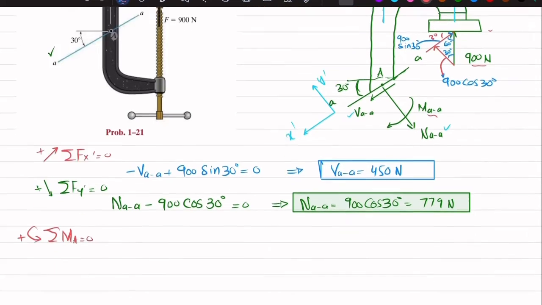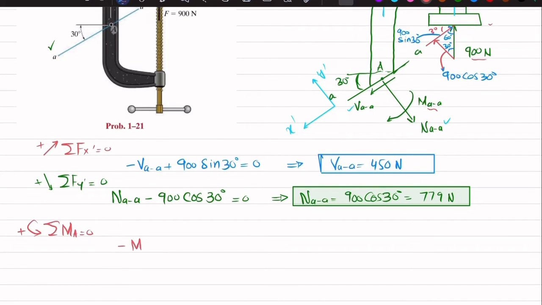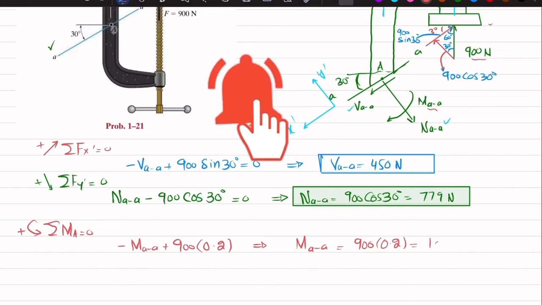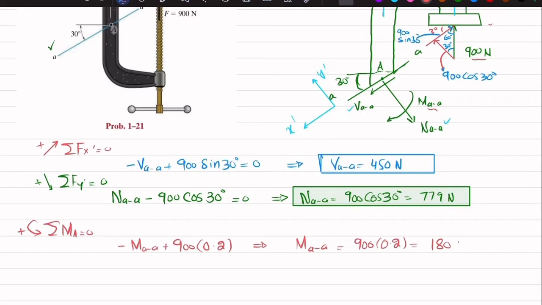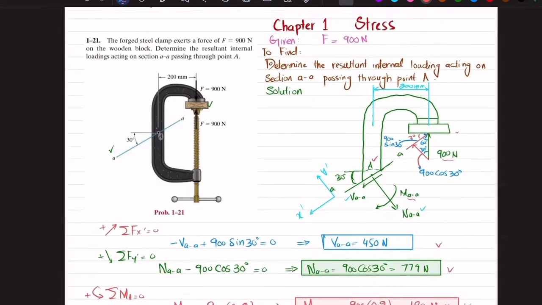So I will write minus MAA plus 900 into 200 millimeter, and 200 millimeter in meter is 0.2 meter. From here you will get MAA equal to 900 into 0.2, which is equal to 180, and unit will be Newton into meter. So all these are the internal loading at point A, and that is the answer of this question.